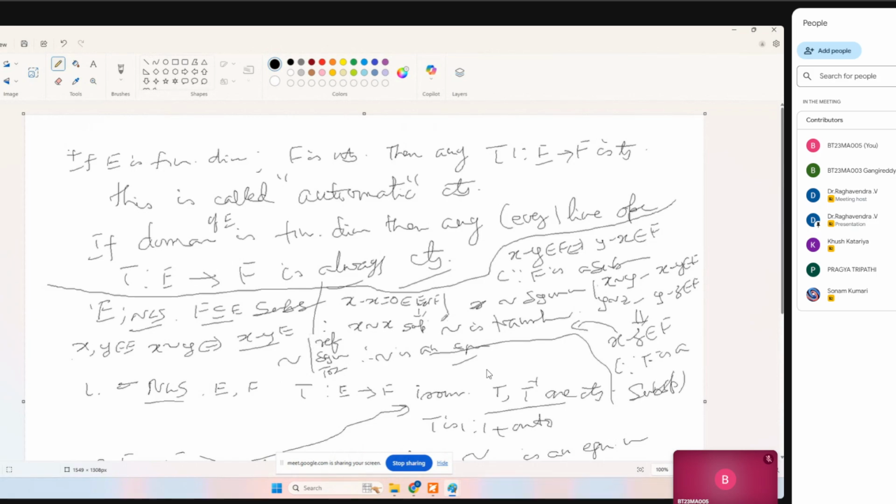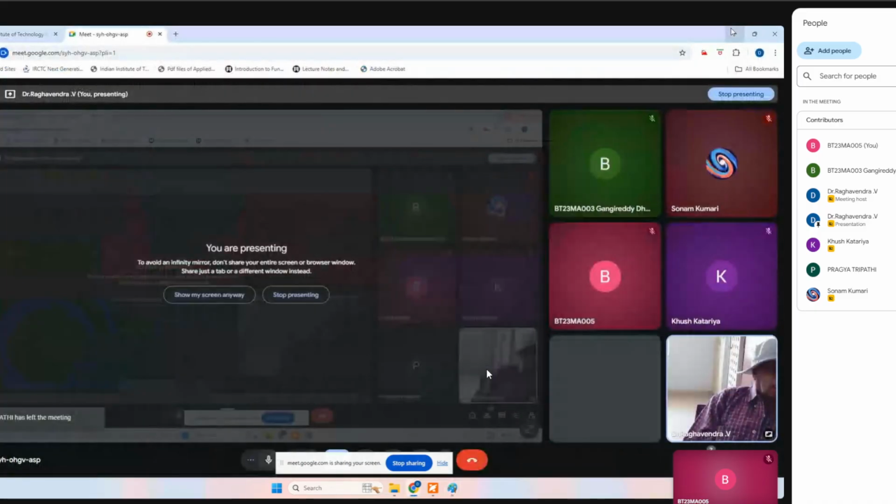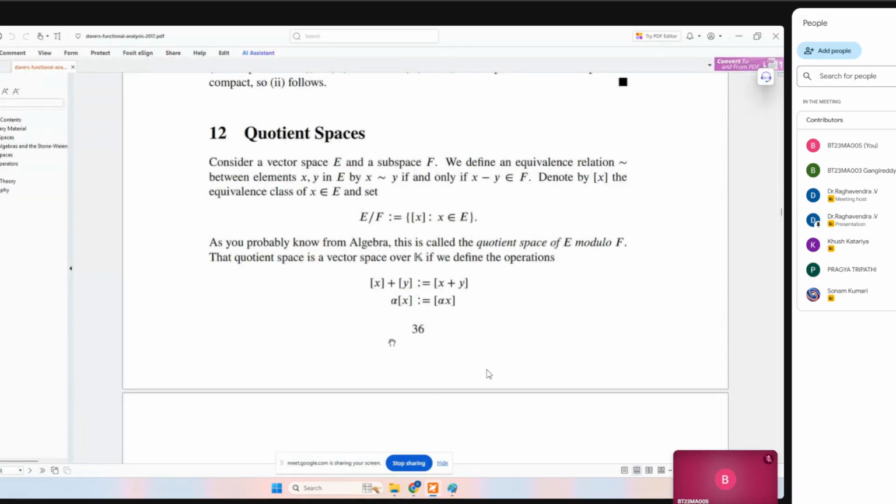Since it is an equivalence relation, it will create a partition, right? What are called the cosets. That is what he writes here. So let bracket x be the coset defined by the point x in E. And what is this E slash F? E slash F is all the cosets for x belonging to E. So for whatever x in E, take the coset.